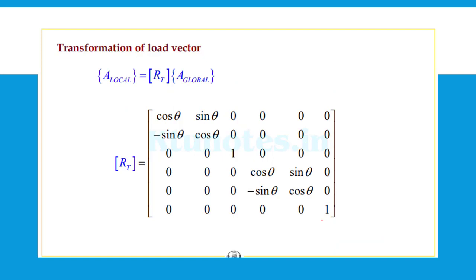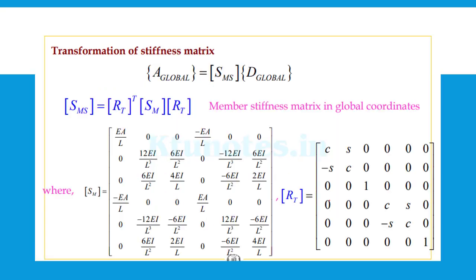Similarly, the transformation of the load vector: A local is equal to RT into A global. Here also the majority of the values are the same, and additionally the 1 will come. For the transformation of the stiffness matrix, A global is equal to SMS into D global.